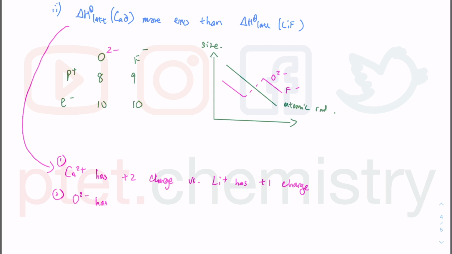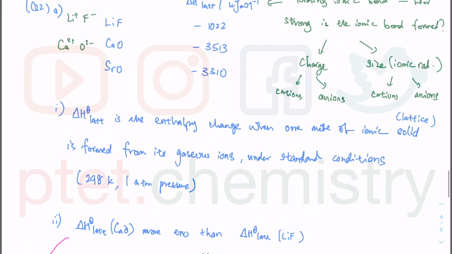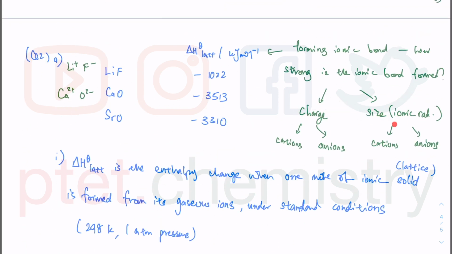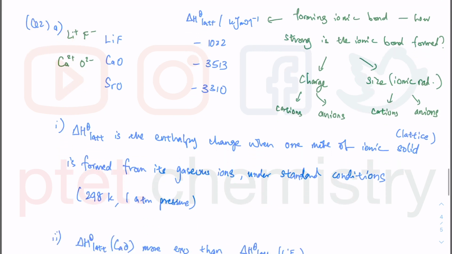O2 minus has minus 2 charge, versus F minus which has minus 1 charge. So here you have to think about which one is the dominant factor. Yes, there are two factors that can affect the value of lattice energy as well as the strength of the ionic bond, but what is very important is you always focus on which one is the more dominant factor. That will help you to explain the idea here.